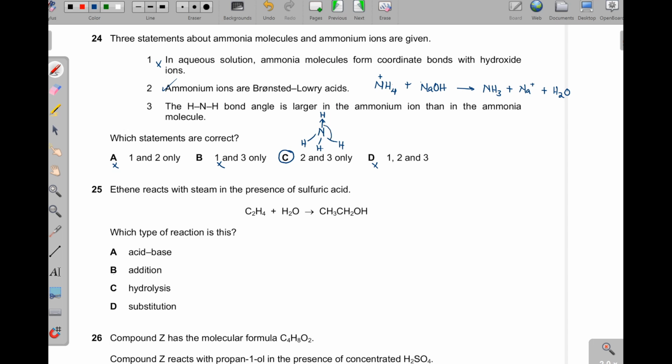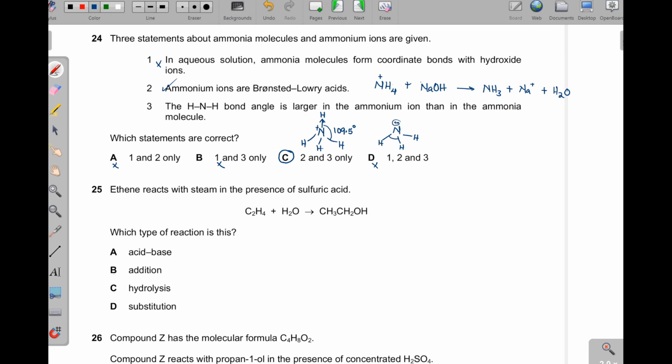So because this is tetrahedral, the angle is 109.5 degrees using electron pair repulsion theory. But then in ammonia, because of the lone pair here, there is repulsion between these three here. So we are going to have this angle.